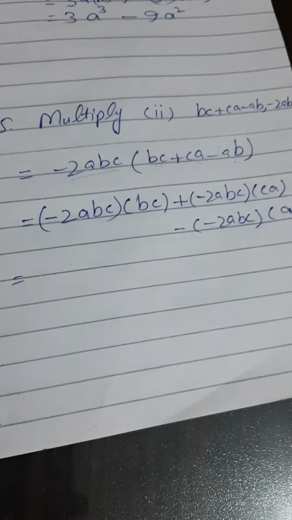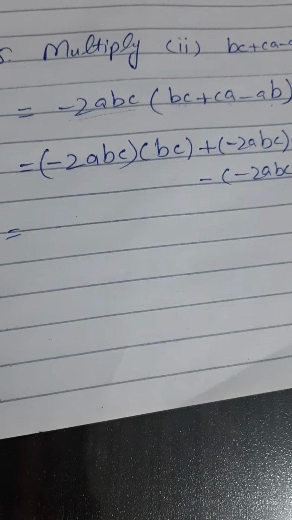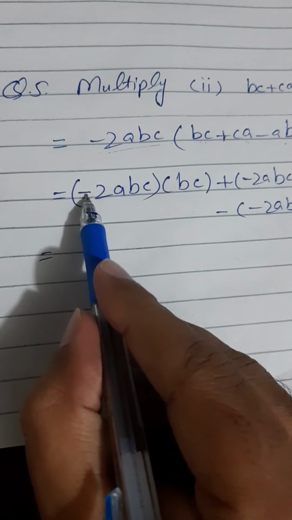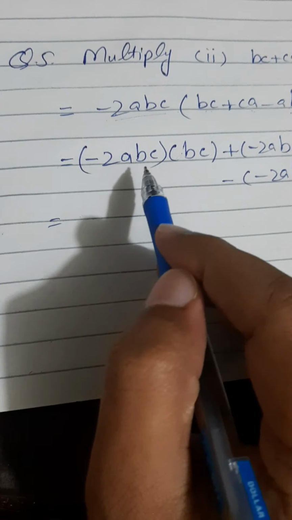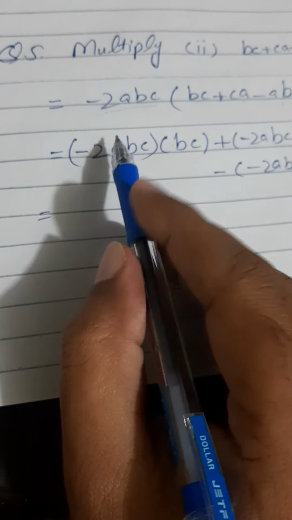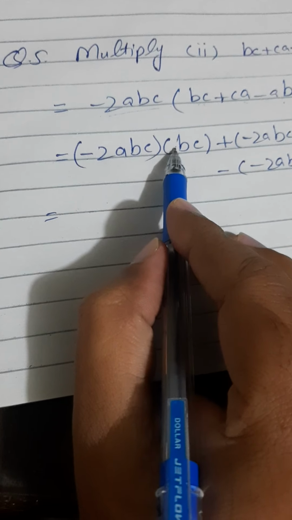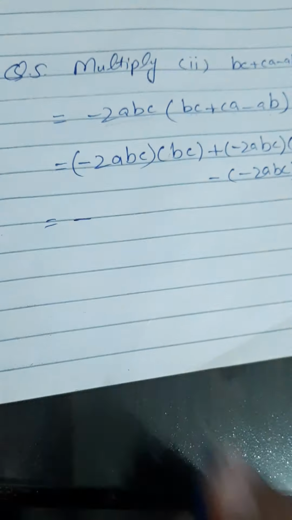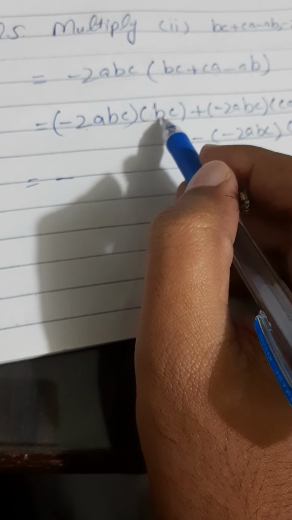Now when we start multiplication, first of all we have to multiply signs of both expressions, negative and positive. So when we multiply opposite signs, answer will be negative. It's negative, it's positive, positive, negative, negative. Now we have to multiply their coefficients. Coefficient of 2ABC is 2 and BC is 1.